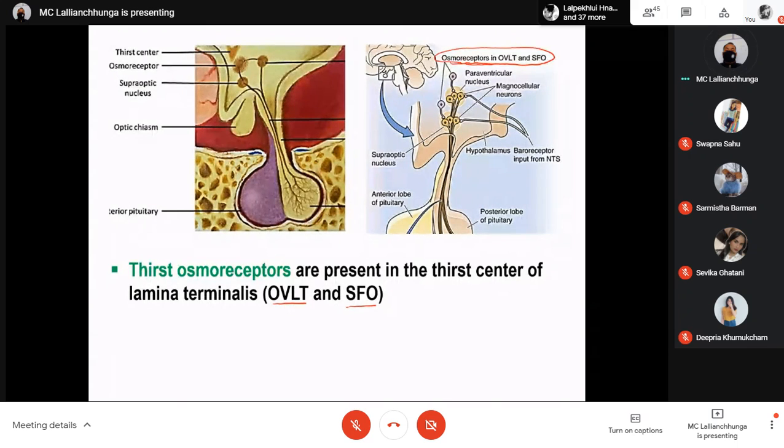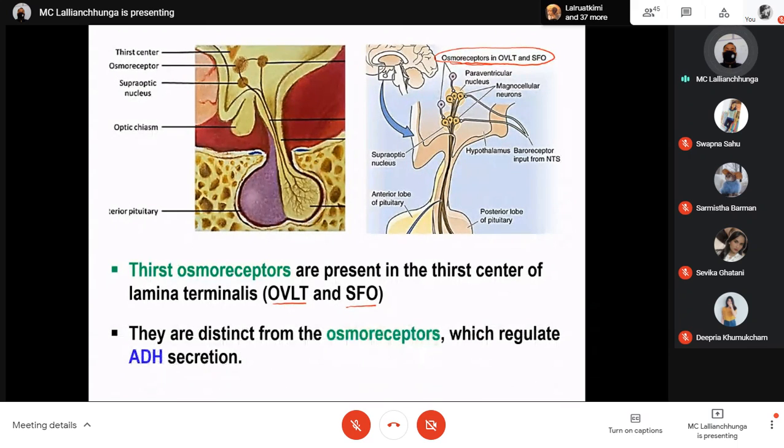But another important point is that the osmoreceptors present in the thirst center are different from the osmoreceptors which regulate ADH secretion. In the last class we talked about some osmoreceptors which are important for ADH secretion.